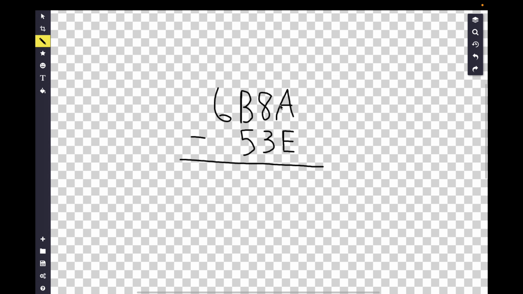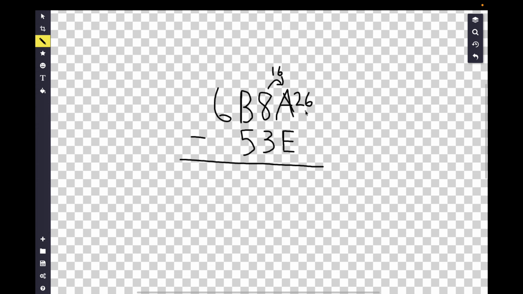So we have to carry over 16. In regular base 10 subtraction, we would carry over 10. But since we're in base 16, we carry over 16. And 16 plus 10 is 26. So since we carried over 16, we have 26.